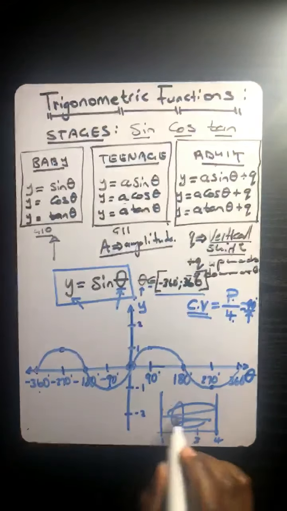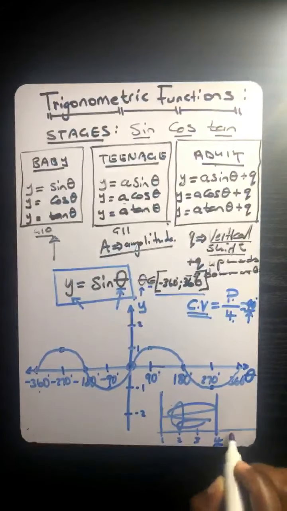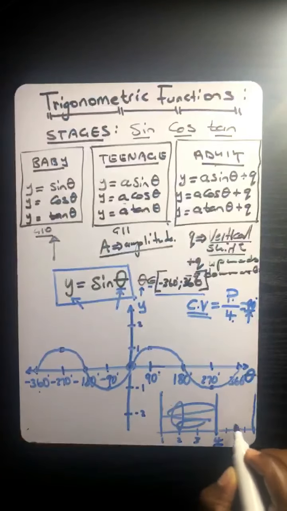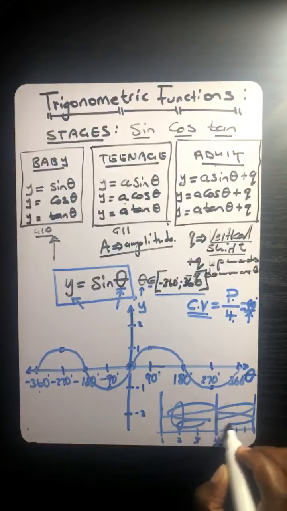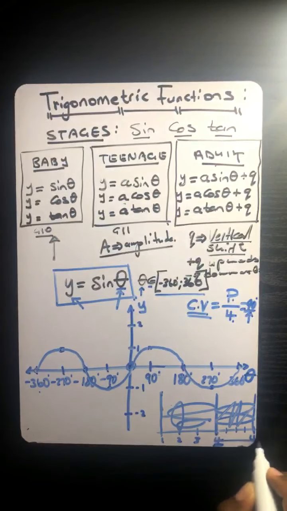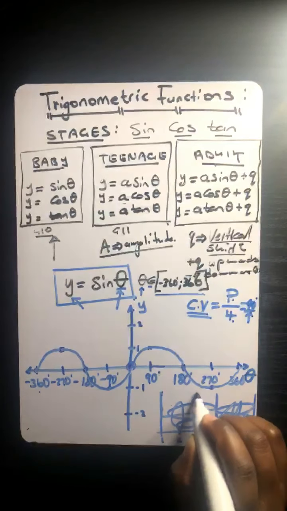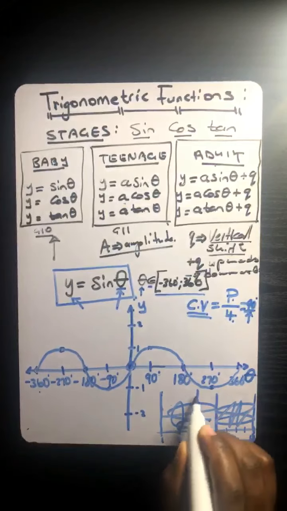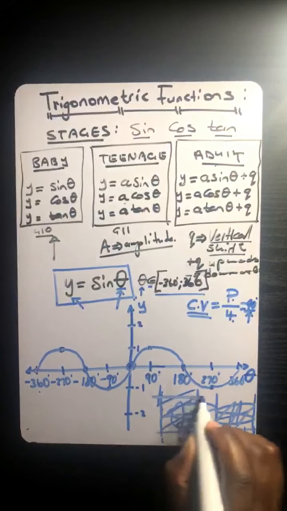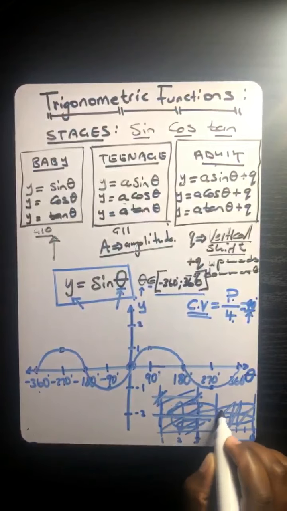That means the period of my signature is 4 centimeters, meaning if you add again, let's say 5, 6, 7, 8, then my signature is going to repeat exactly the same way after every interval of 4 units. So if you cut my signature and you are only seeing this portion, this is not the period of my signature. The period of my signature starts from 1 up until 4.